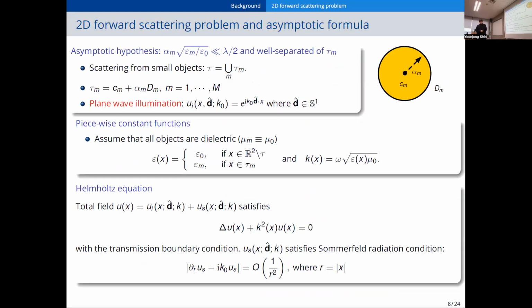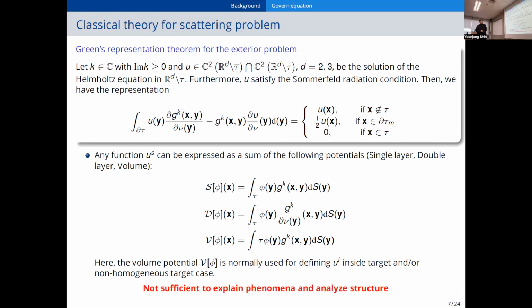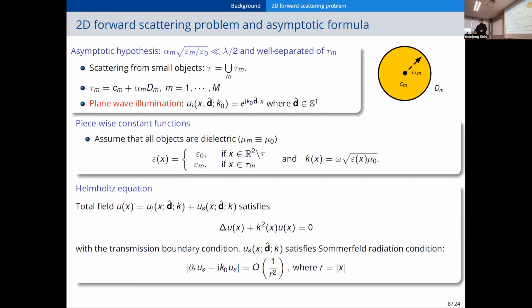So we need another representation formula. Here U represents the location of the wave, and the shape or permittivity or something like that.